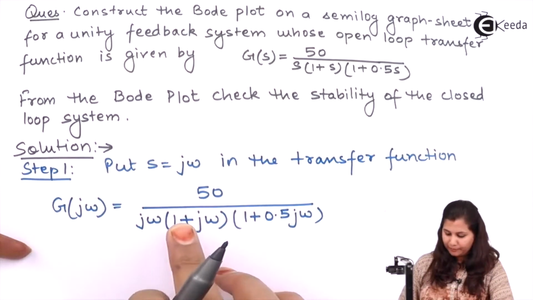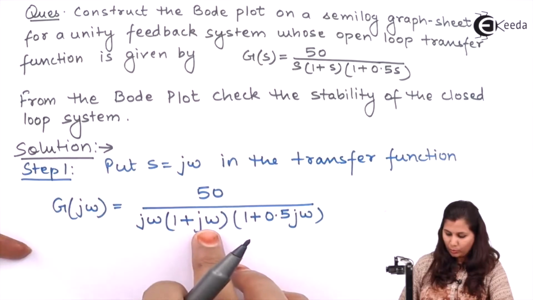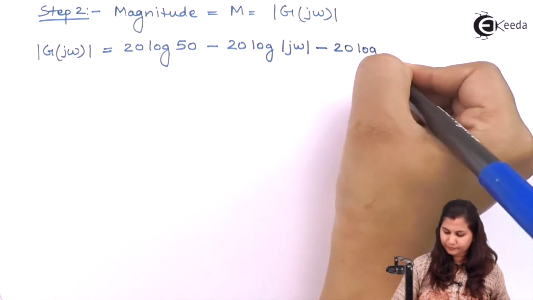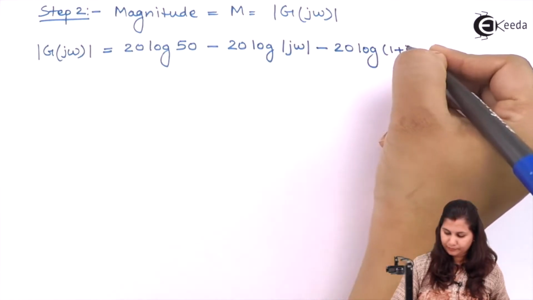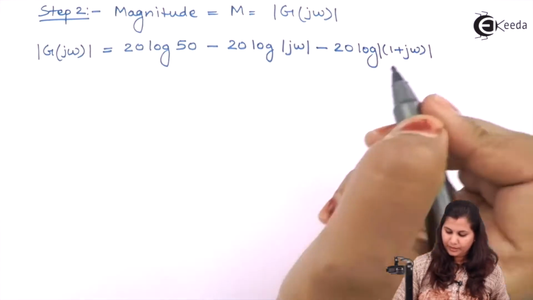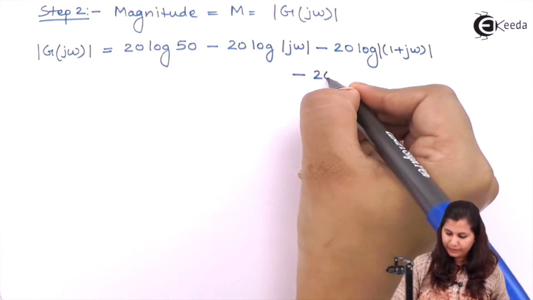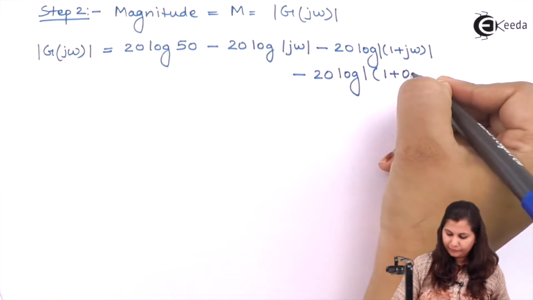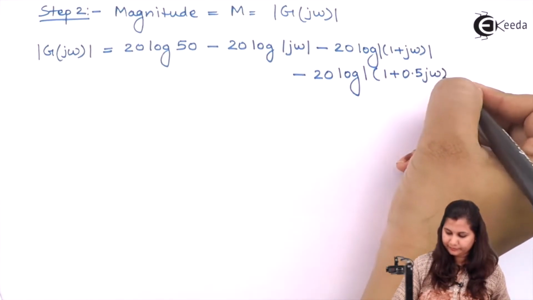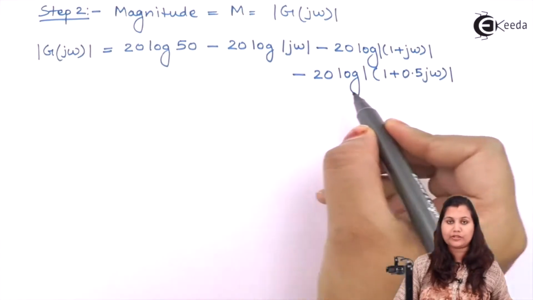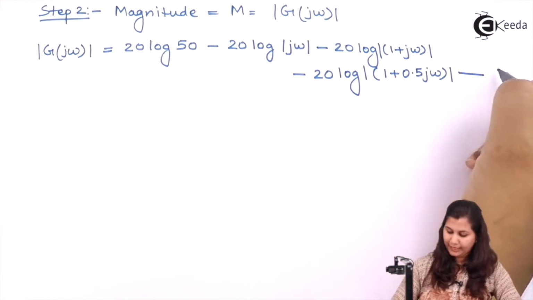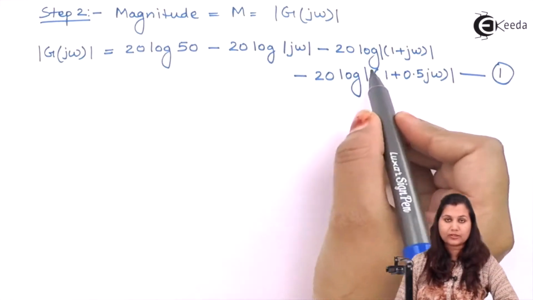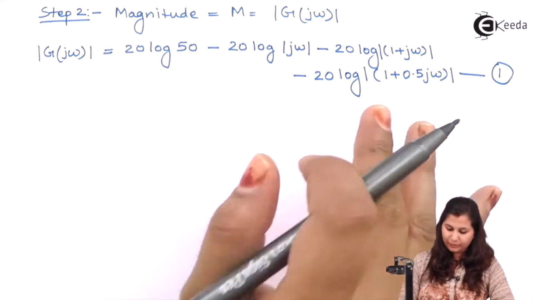Here we have minus 20 log |1 plus j omega|. Then we have minus 20 log |1 plus 0.5 j omega|. So this is the equation for the magnitude. Mark it as 1. Now let's solve it so that we can simplify this equation.